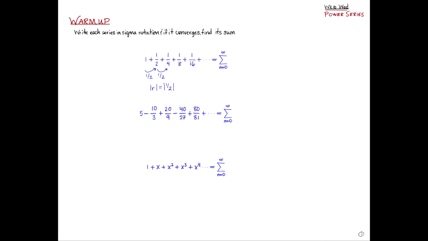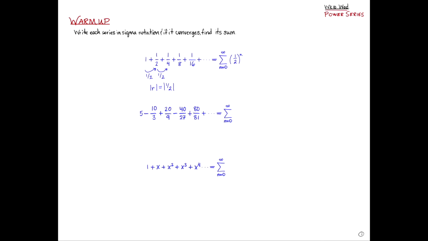We can write this in sigma notation, with n equal to 0. We see that our first term is 1, our second term is 1/2. When n is equal to 2, 1/2 squared is 1/4, and so the pattern holds for us.